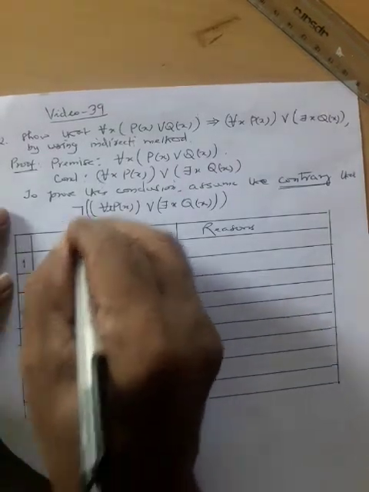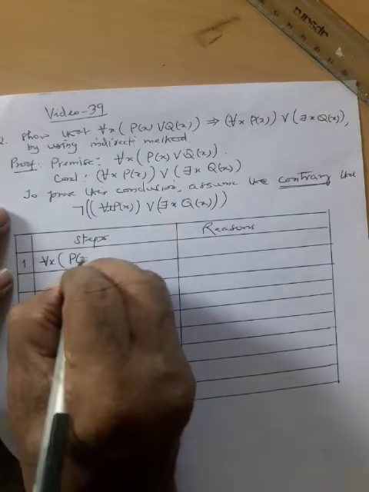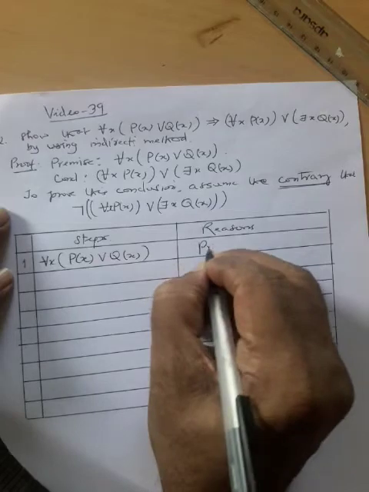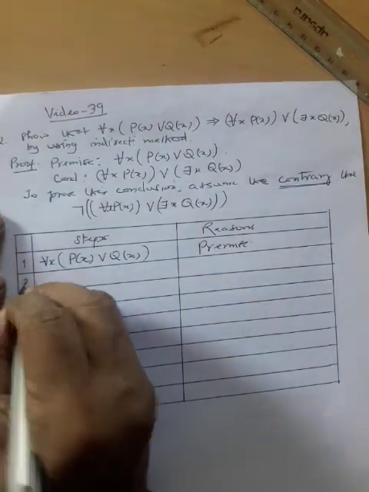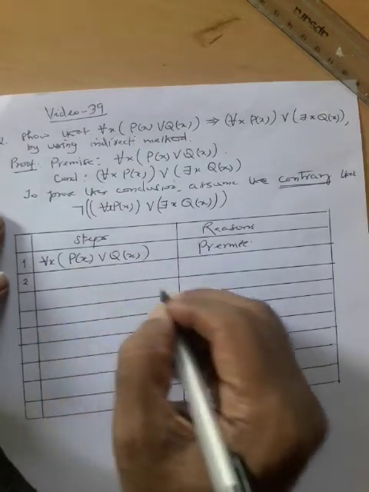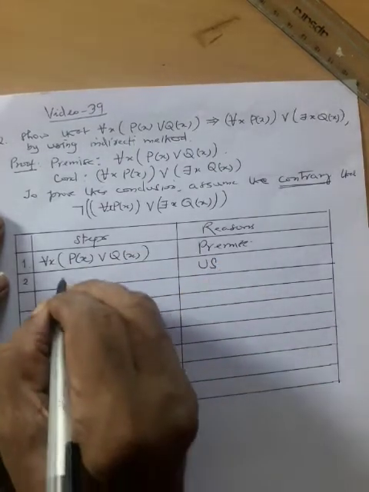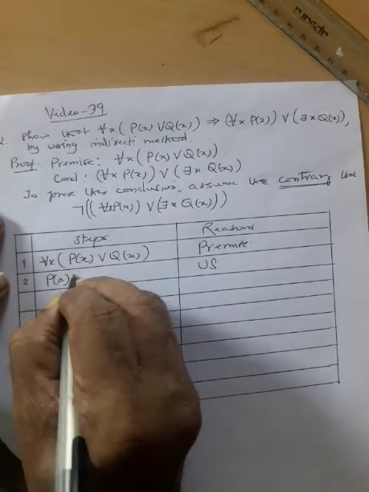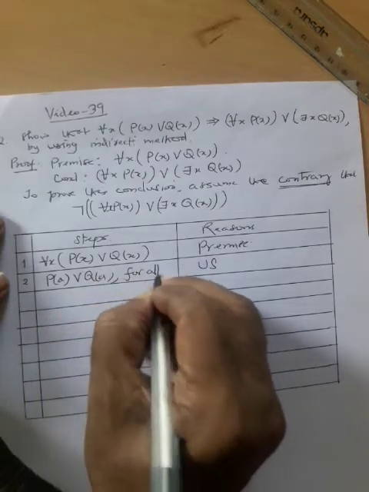Step 1, the premise is for every x, p of x or q of x. This is a premise. This is for every x, which means universal generalization. From universal generalization we can go to universal specification. Universal specification is p of a or q of a for all a.